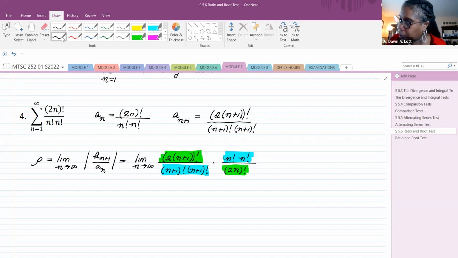All right, so rho is the limit as n approaches infinity. So now I'm going to write this out.